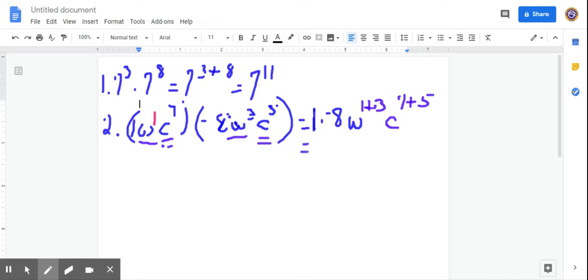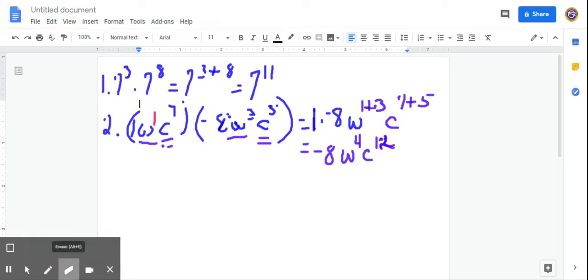So that equals negative 8 W to the 4th power, C to the 12th power. Sorry about that, 12th power. 7 plus 5 is 12. There we go.